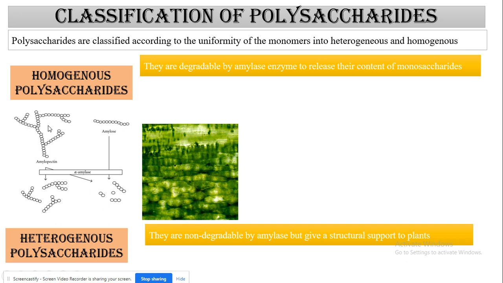Mostly, the homogeneous polysaccharides are degradable by amylase enzyme to release the monosaccharide units. And heterogeneous, no, they are not degradable by amylase enzyme, and mostly they give structural support.